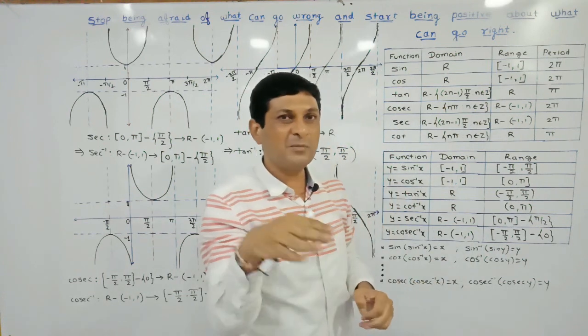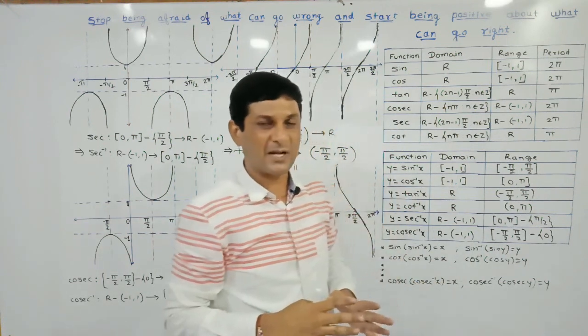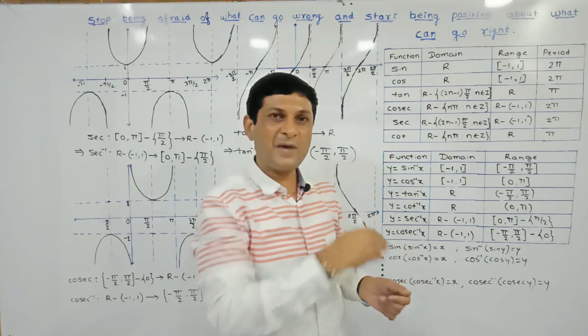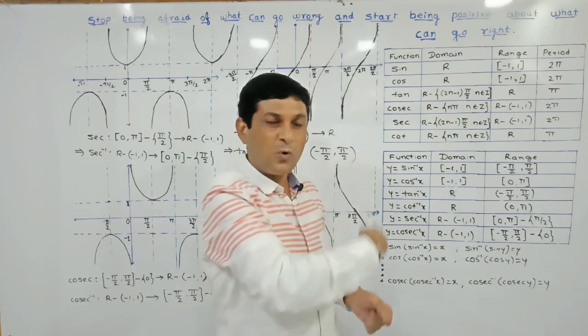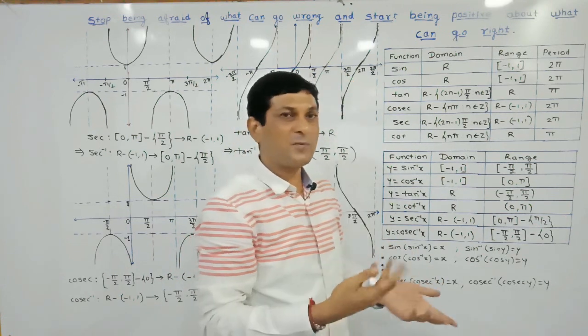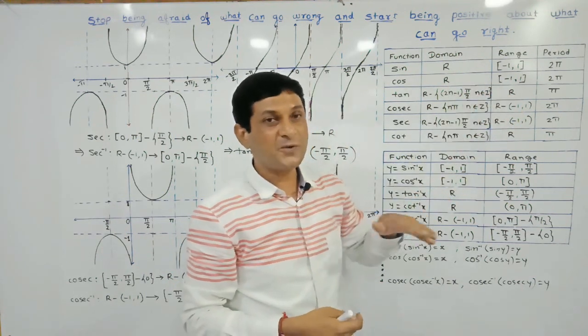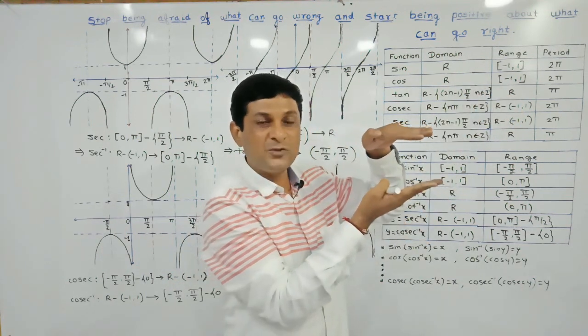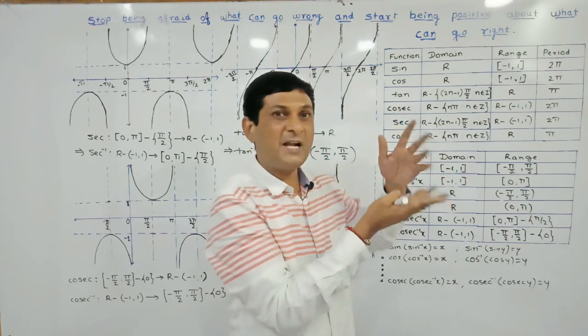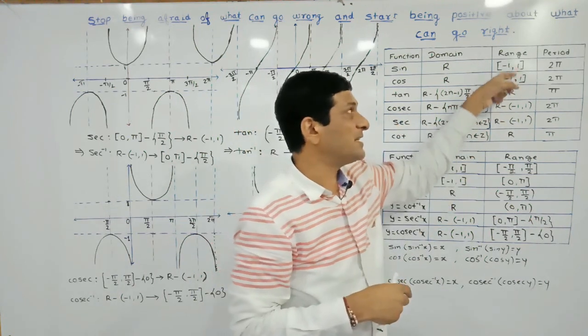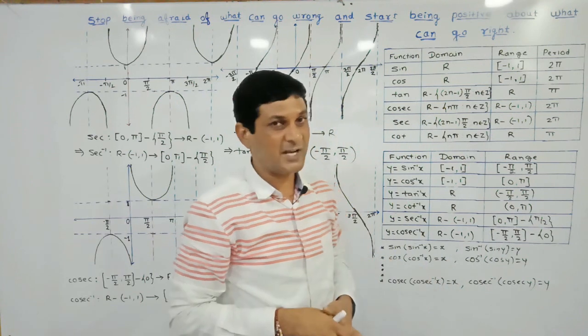The x-axis is a real number line, the y-axis is also a real number line, and tan takes values on the whole y-axis. That's why the range set is R. In the case of sine and cos, we have seen that they take values only between minus 1 and plus 1, so the range set there is between minus 1 and plus 1.